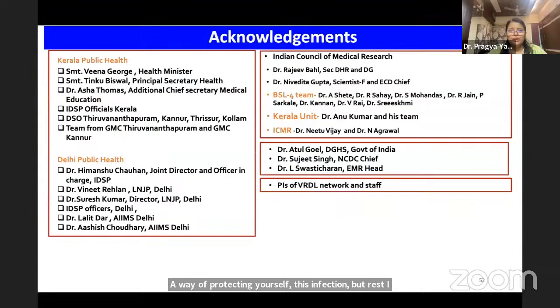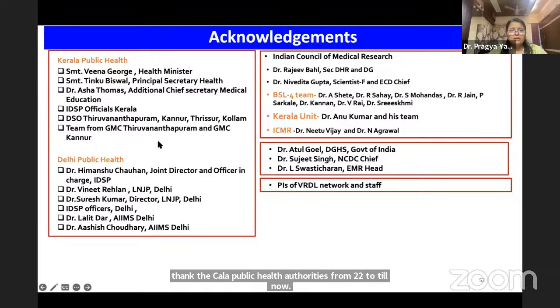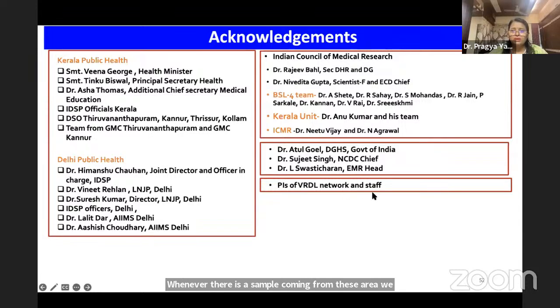With this, I would like to thank the Kerala Public Health Authorities and Delhi Public Health Authorities. From 2022 till now, whenever there is a sample coming from these areas, we work as a team, in coordination with the NCDC, under the leadership of Dr. Atul sir and the rest of the members. I would like to thank all of them.